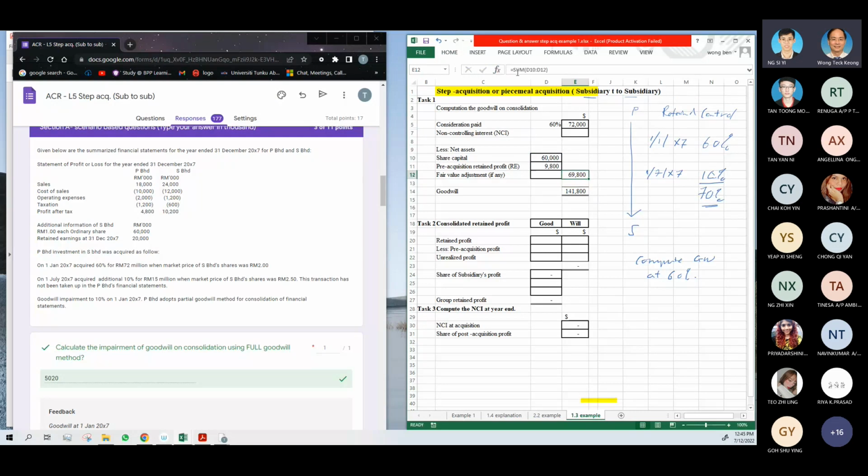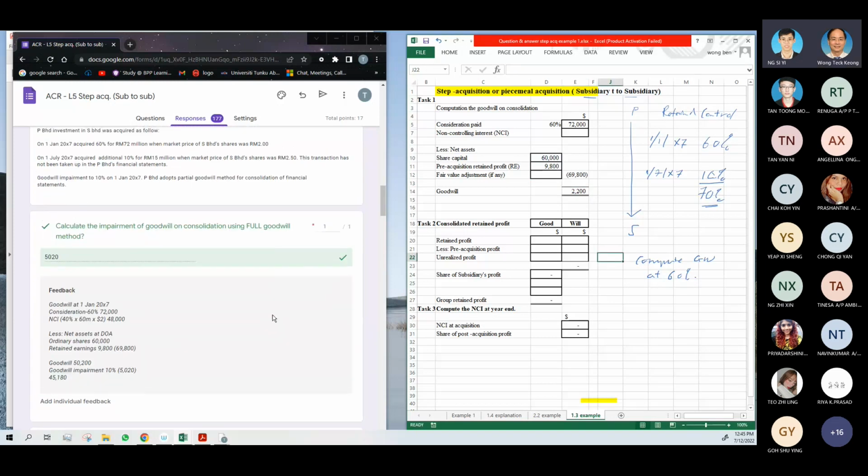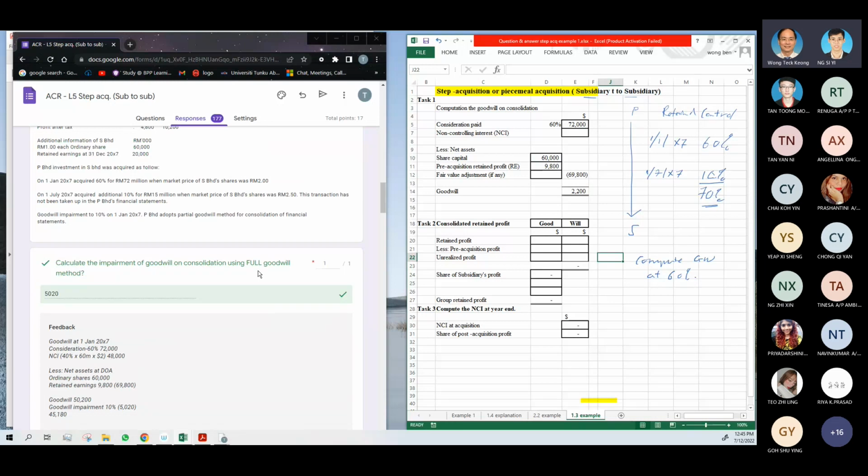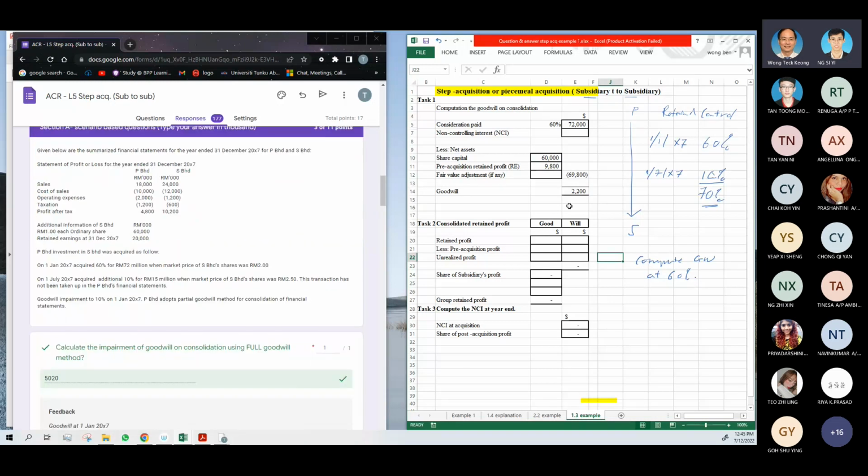So minus sign here. Because the question asks you to do the full goodwill method, you have to use 40% of NCI. So the share capital of the subsidiary is 60,000 times 40%. What is the value on 1st January X7?